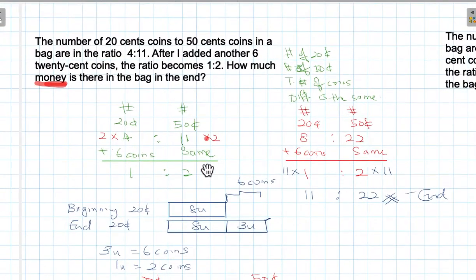When you see the previous one, because this doesn't change, here doesn't change, I can actually make this the same. Then I can easily find the answer, right? Once I make this the same, I see the increase from the beginning to the end is how many units represent how many coins.